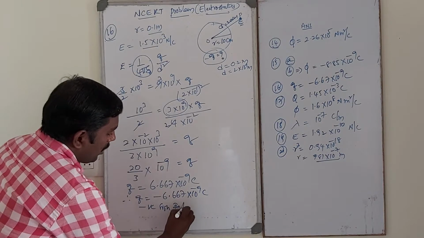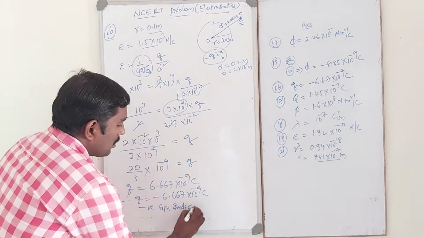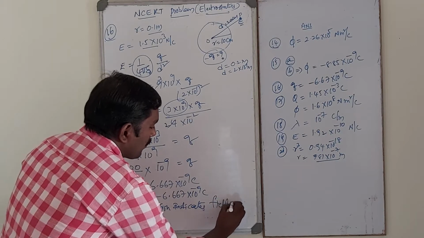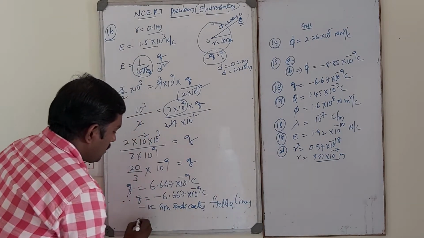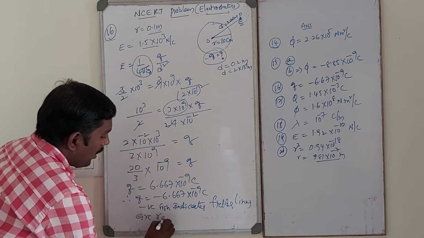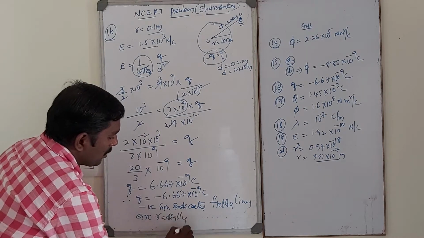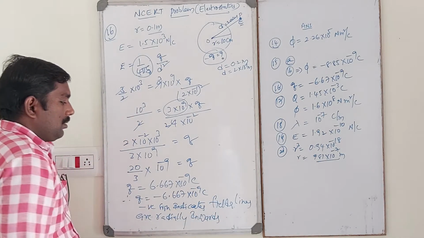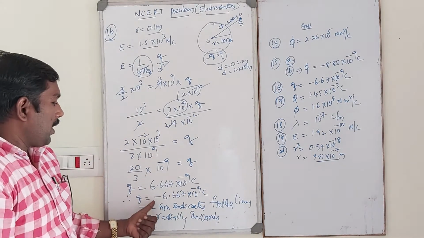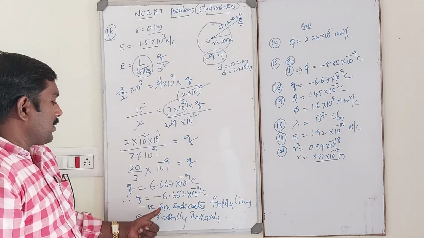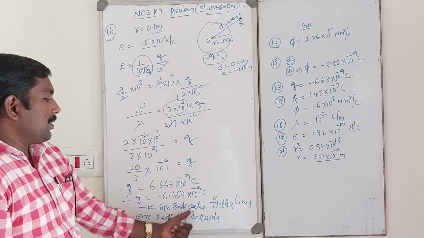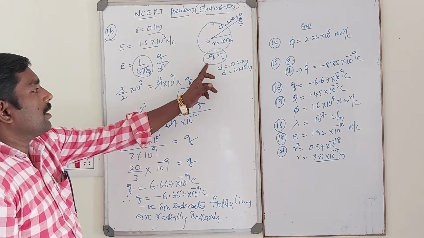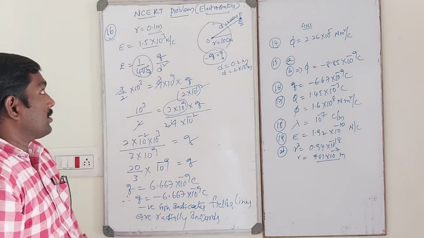Negative sign indicates field lines are radially inwards. So please remember it. I will take the negative sign because the negative sign indicates field lines are radially inwards. So this is the final answer.